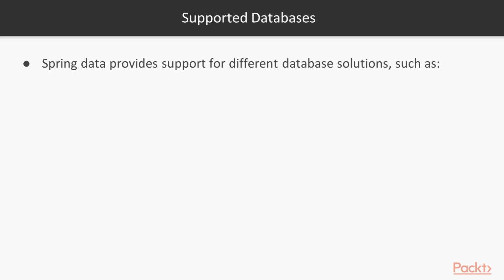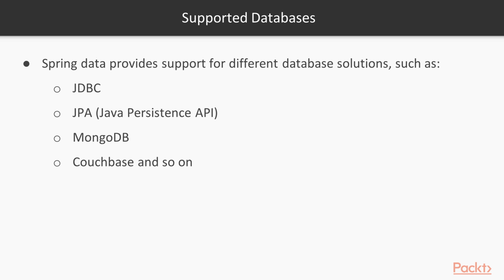Some of the supported databases which are included in Spring Data are JDBC, JPA, which is the Java Persistence API, then there is MongoDB, which is a very popular NoSQL database solution, and Couchbase, of course, and many more, which are not listed here. In case you're interested in all the different kinds of database solutions that Spring Data supports, you can go to the Spring Data website and look up all the supported solutions.